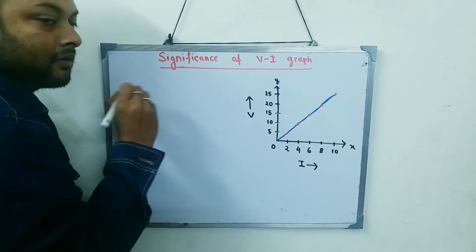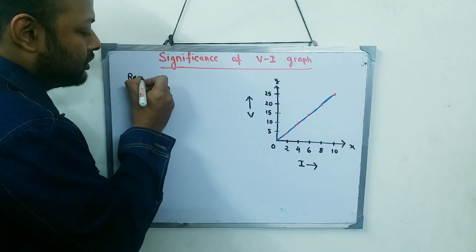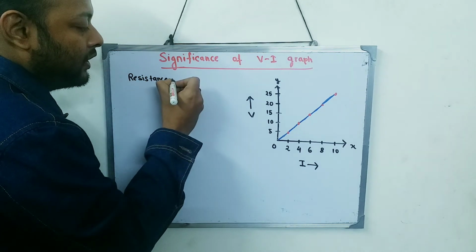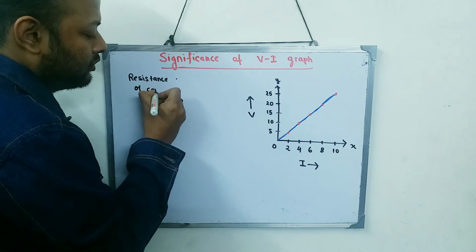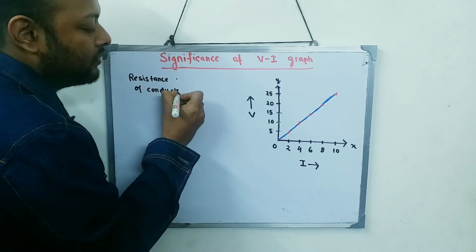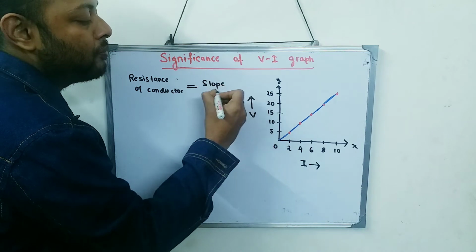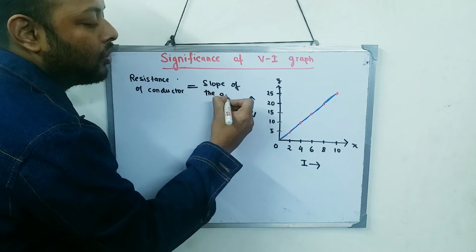Let's firstly understand that the resistance of a conductor is equal to the slope of the graph.